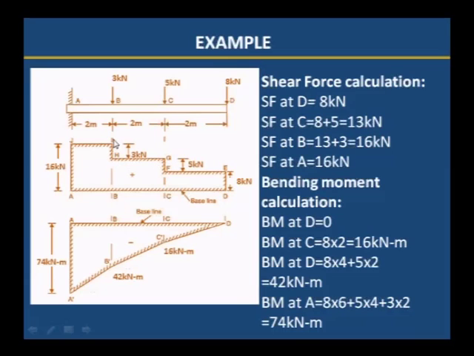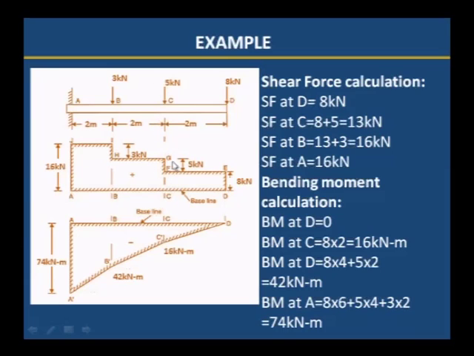Then again to that 13 kilonewton, 3 kilonewton is added. That 3 kilonewton drop is equal to the vertical point load. From B to A, no further load is added, therefore horizontal line. This is the shear force diagram. Wherever the point load is there, at that place equal to that point load, we have to show the drop.